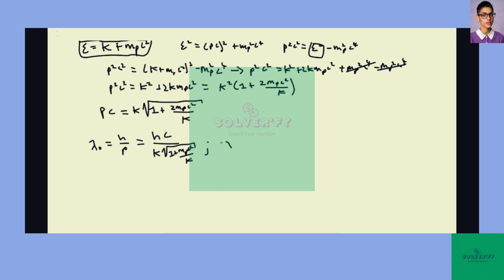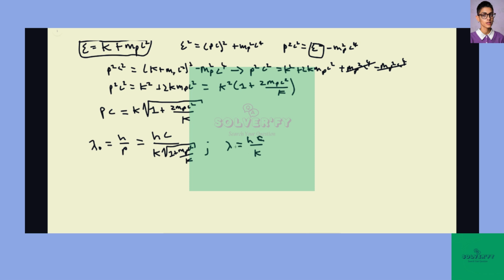Oh, and I should say, since we want to know what kinetic energy the proton has to have in order to be within 1%, we can say lambda, the calculated one where we ignore the rest mass energy, is equal to hc over k, where k is the kinetic energy.